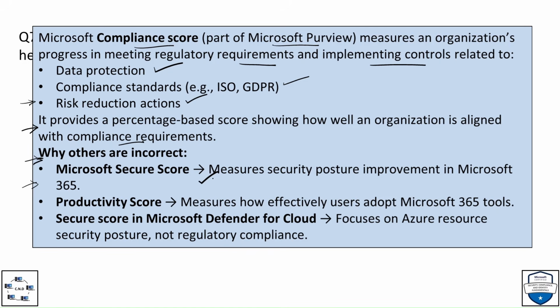So Microsoft Secure Score measures security posture improvement in Microsoft 365. Productivity Score measures how effectively users adopt Microsoft 365 tools. And Secure Score in Microsoft Defender for Cloud focuses on Azure's resource security posture, not regulatory compliance.